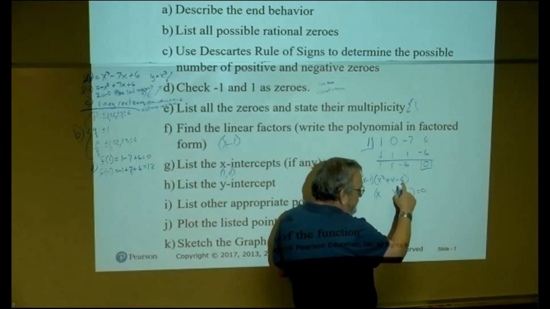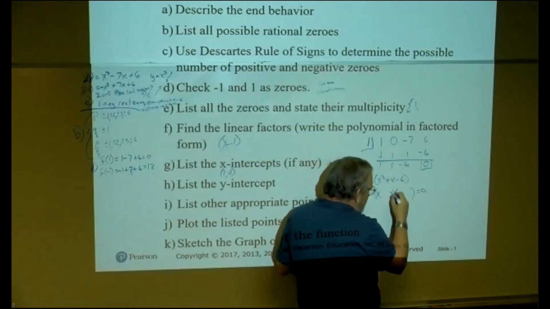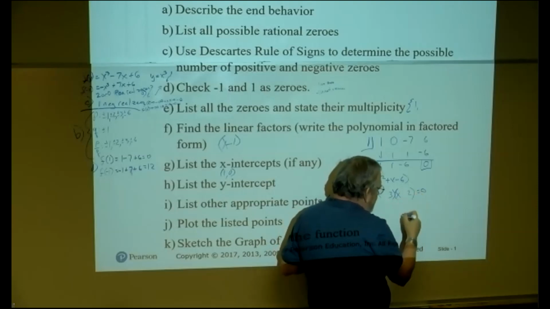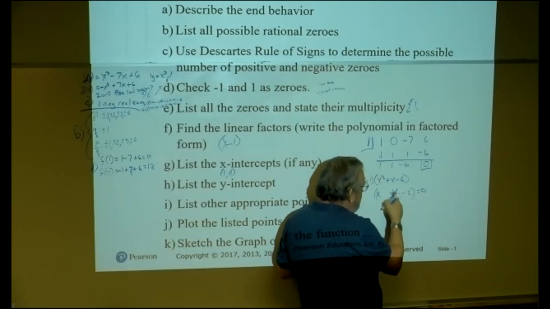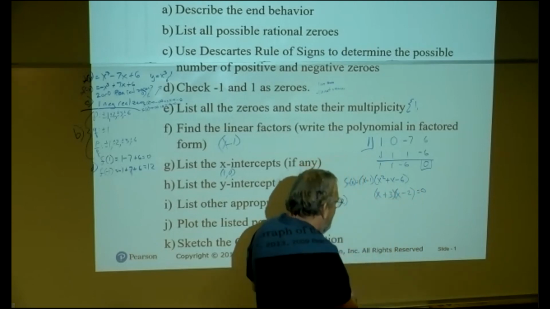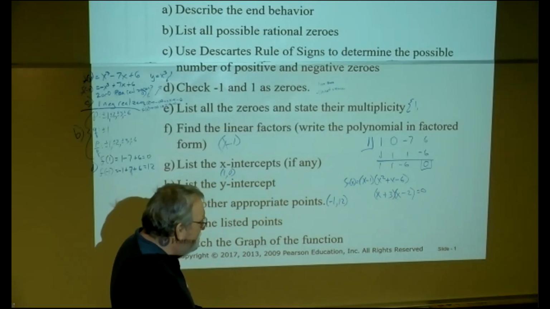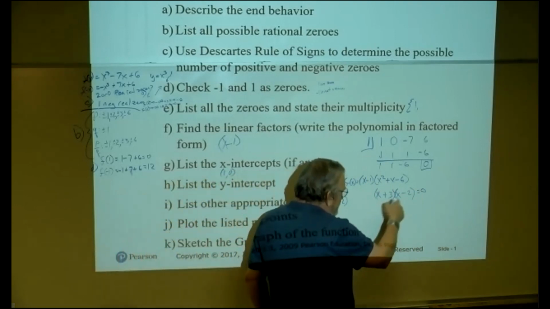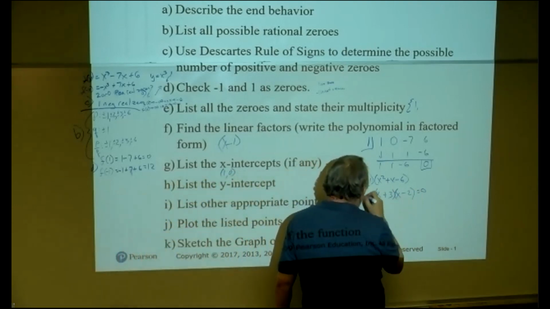Now I want the factors of 6 that subtract to 1. 3 times 2 is 6, and 3 minus 2 is a positive 1. So the 3 has to be plus, and the 2 is minus. Now I set each of those factors equal to 0.